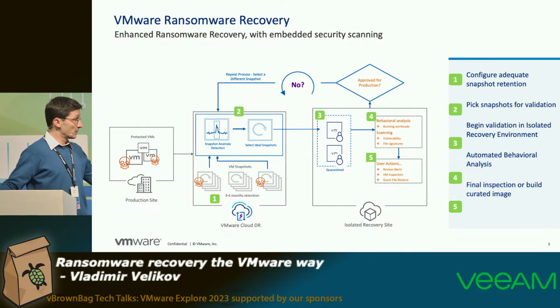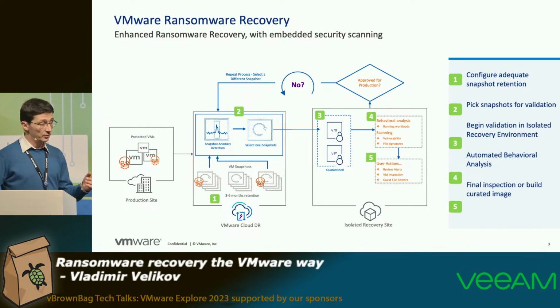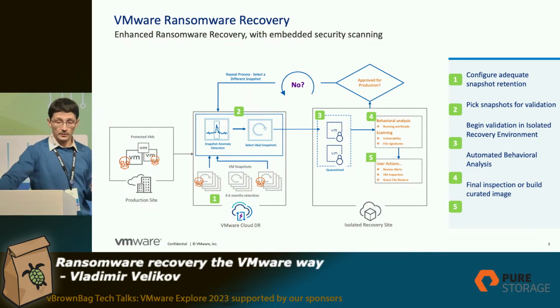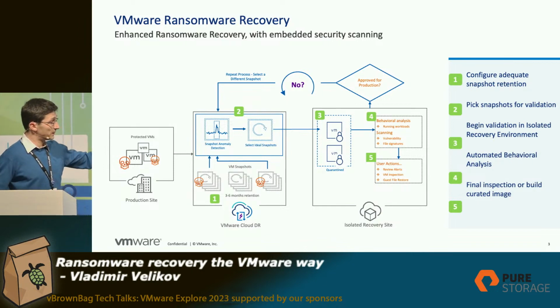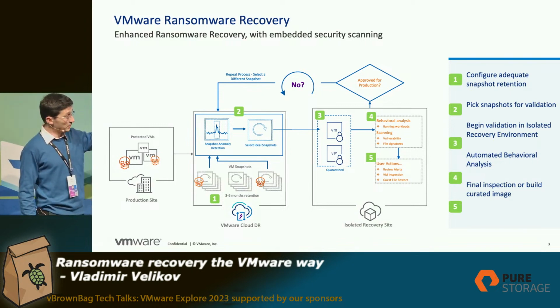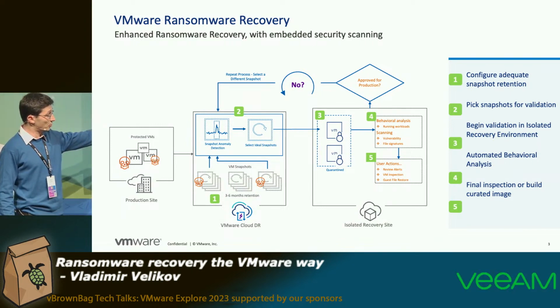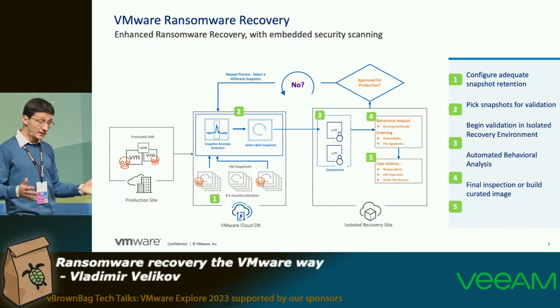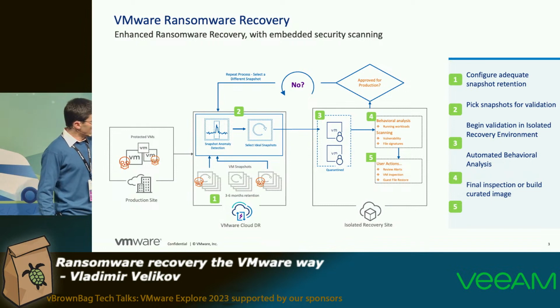So this is pretty standard flow. You have to do this iteration anyway when you do ransomware recovery or disaster recovery. But the big thing about the VMware ransomware recovery is that this iteration is very quick. So you have the anomaly detection, giving you the ability to quickly select the right snapshot or one which is likely to be good.